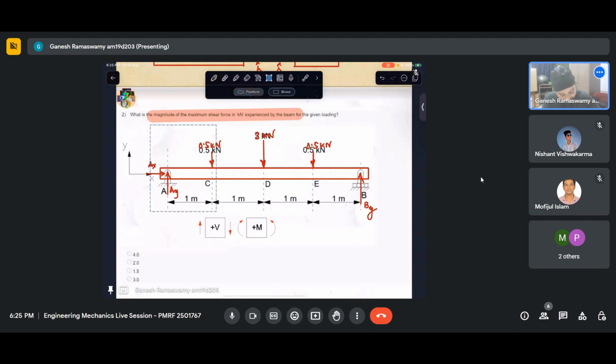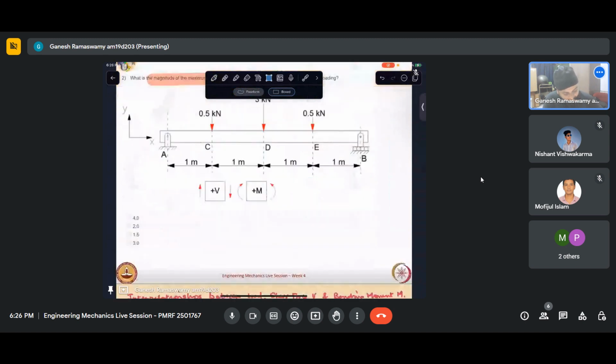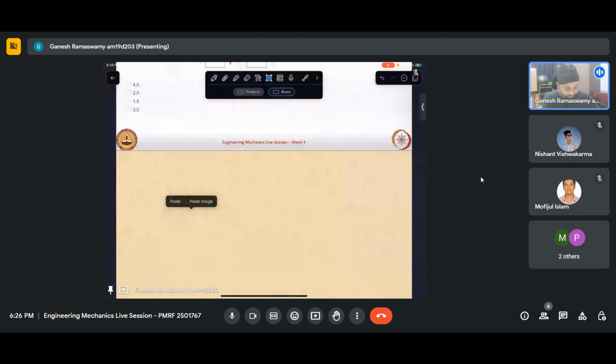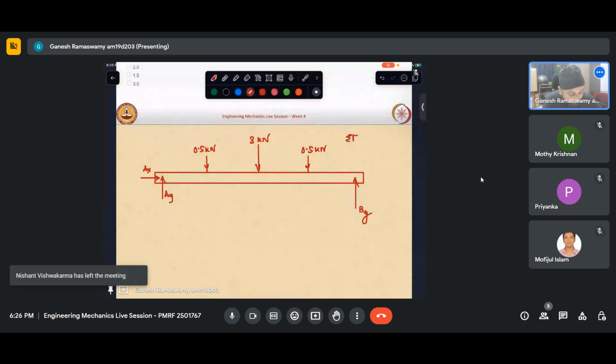So let me just take this and put it in a new page. So this is my beam. Now again, the same drill that we did: sigma Fx equaling 0 gives me AX equal to 0. One of the unknowns we have solved.